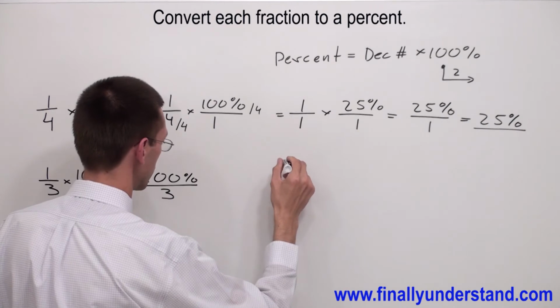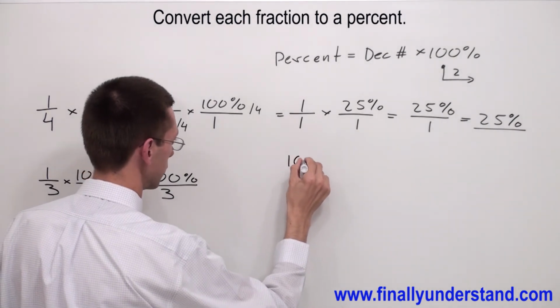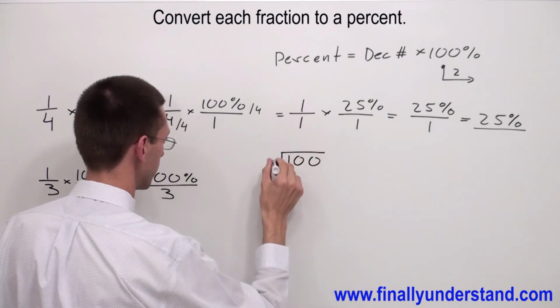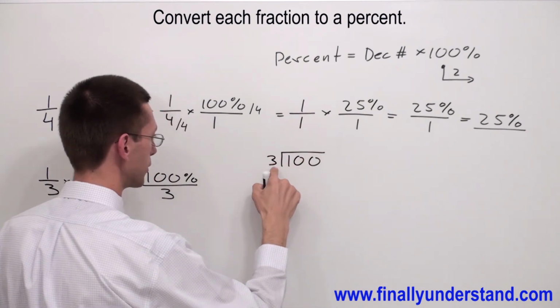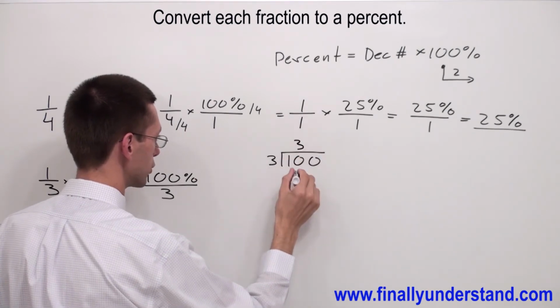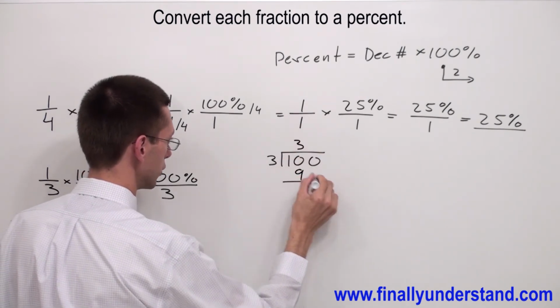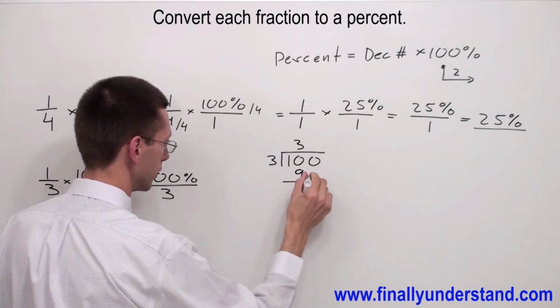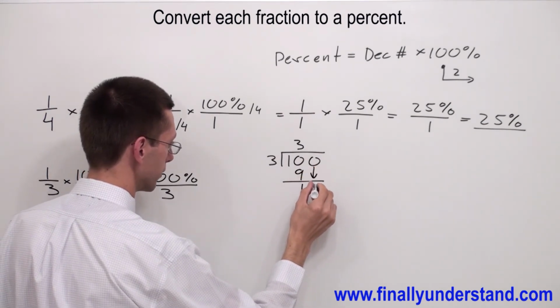That's why I'm going to perform long division. I have 100 over 3. How many times 3 goes into 10? 3 times. 3 times 3 is 9. Subtract 10 minus 9 is 1. Bring down 0.